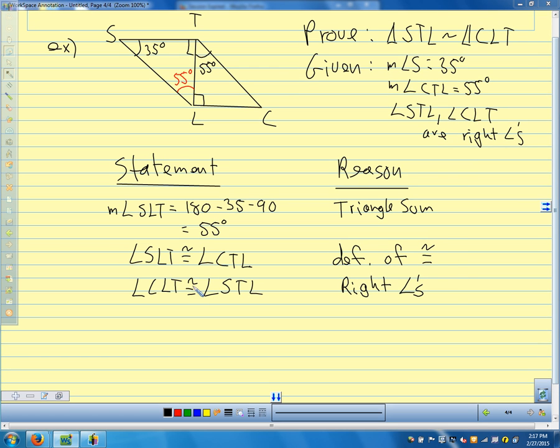We know the two pairs of angles are congruent in these two triangles. So what can we say? The triangles are similar. Triangle STL similar to triangle CLT. And what's our reason here? Angle, angle. So nice easy proof there. We're just doing the problem like the example we did. We're just giving some reasons for everything that we said. All right, questions?